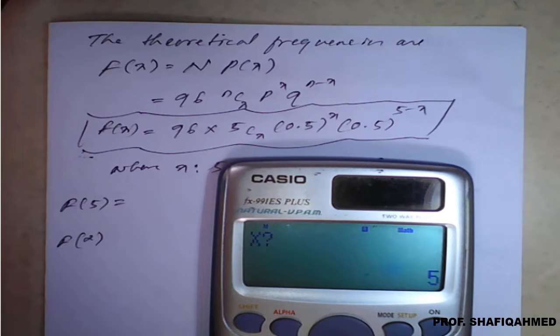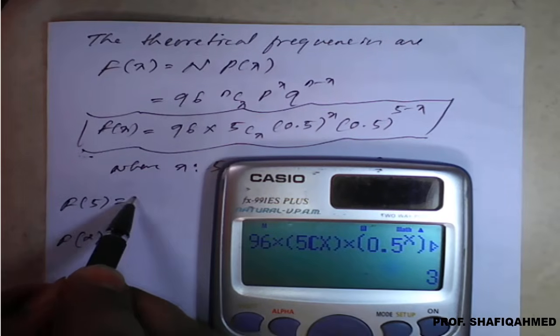So calc option, when x is 5, the answer we are getting is 3. You mention 3 here.